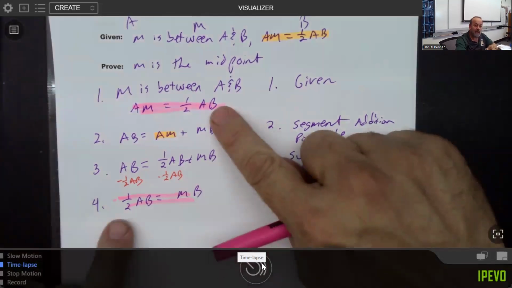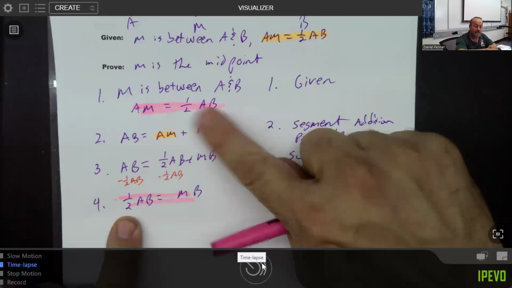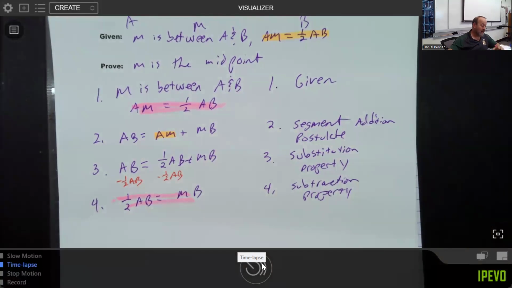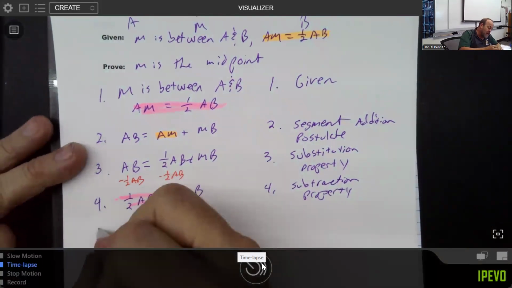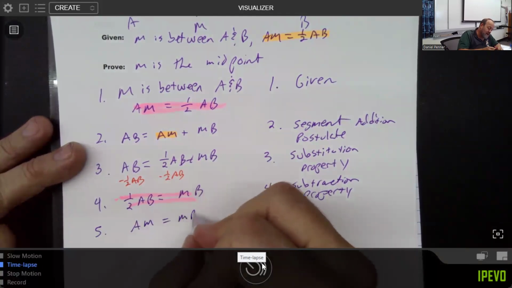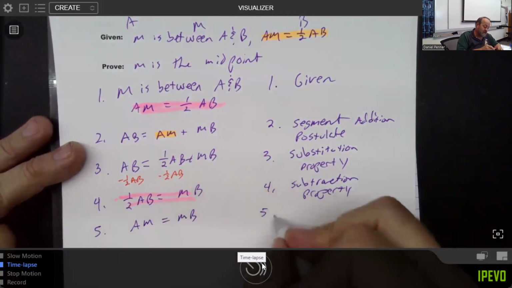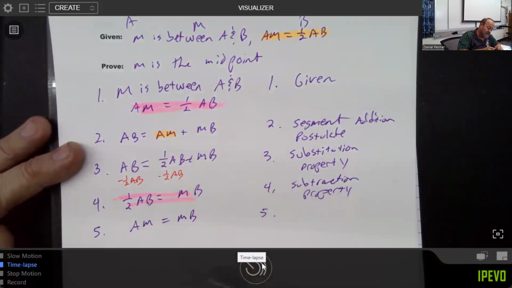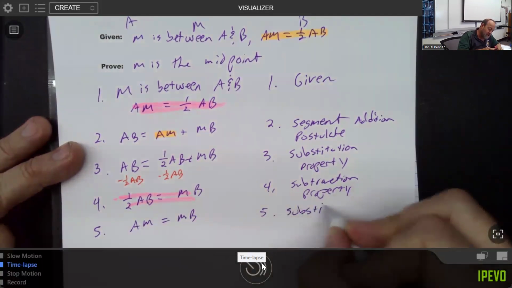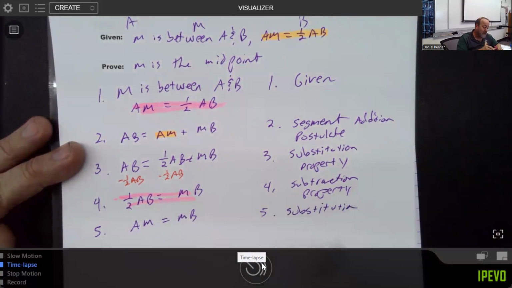So if half of AB could be written as AM, but if half of AB could also be represented as MB, then that tells me that AM and MB are in fact identical statements, right? Because they're both equal to half AB. That's again substitution. I took something out and I put something in its place. I took this half AB and I replaced it with AM.